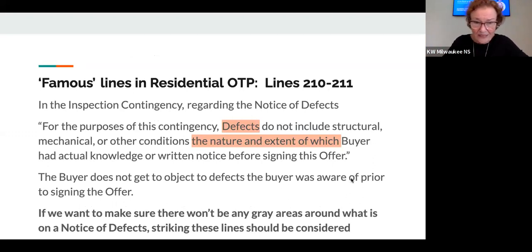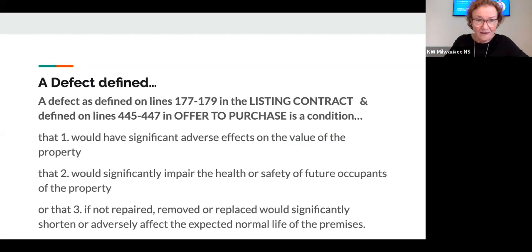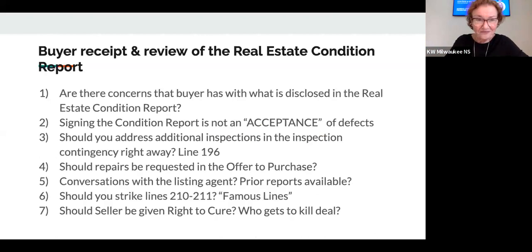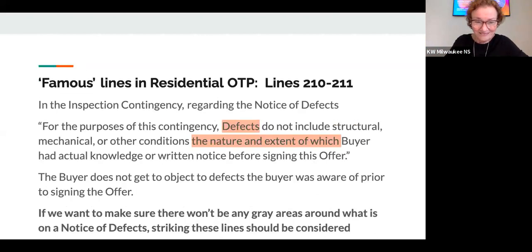I had a buyer one time on one of my listings who just crossed off the word not. So instead of reading defects do not include structural, mechanical, or other conditions, all he did was cross out the little word not. And it read defects do include structural conditions and stuff of which the buyer had actual knowledge.